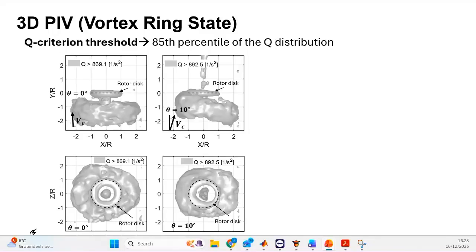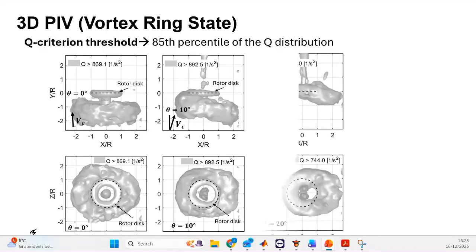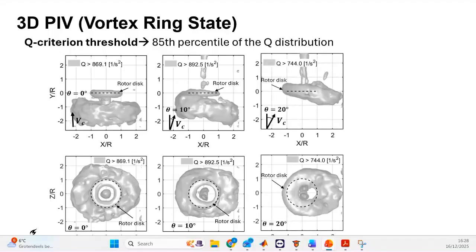And here we can also see the shape of the vortex from the top, and the size in general decreases a little bit if we compare with the axial conditions. Then for 20 degrees, I want to remind you that in all these cases we use the same descent velocity. So that means that we are in different states for the same velocity if we consider the inclination. That's the main point of this visualization.